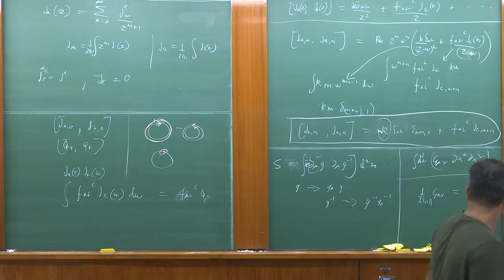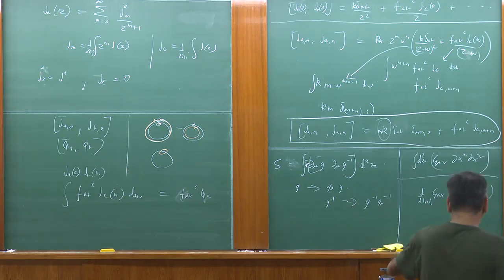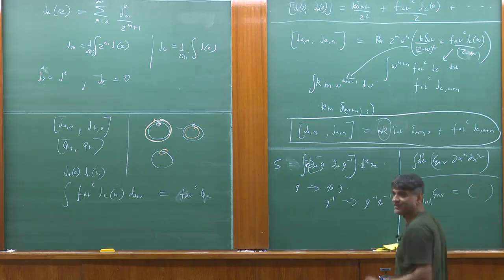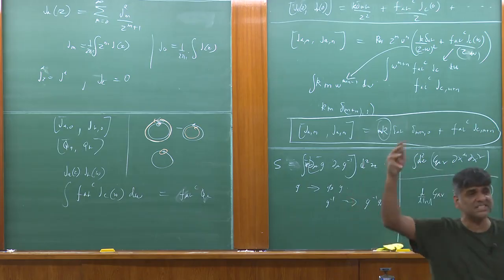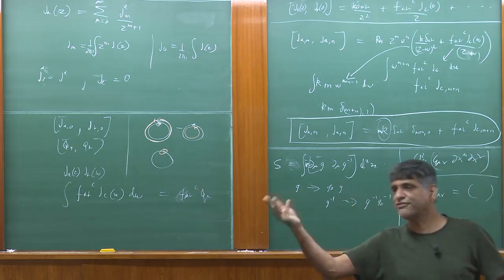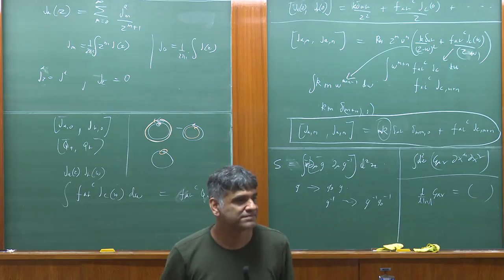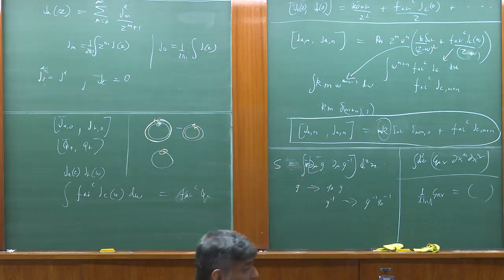Okay? Therefore, field redefinitions of a path integral are just nothing. It's just a different choice of variables in which to do the integral. But field redefinitions change the metric the way a metric changes under coordinate transformations in target space. So doing a field redefinition is not doing anything.